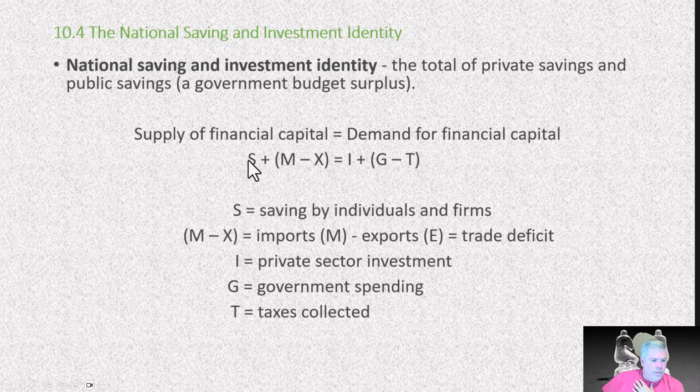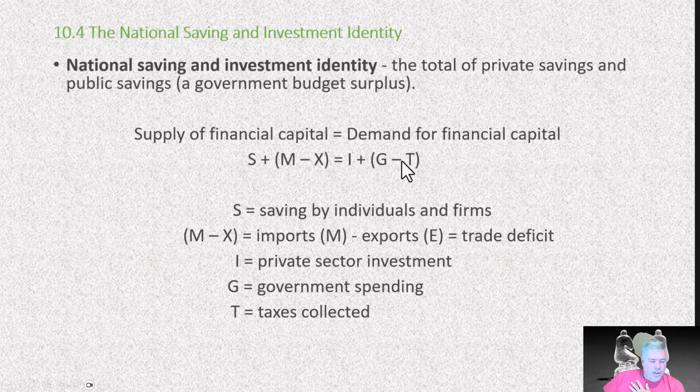So savings by individuals and firms plus imports minus exports, so kind of the trade deficit. So this is going to be imports minus exports equals private sector investment. So savings equals private sector investment minus or plus the net public savings.